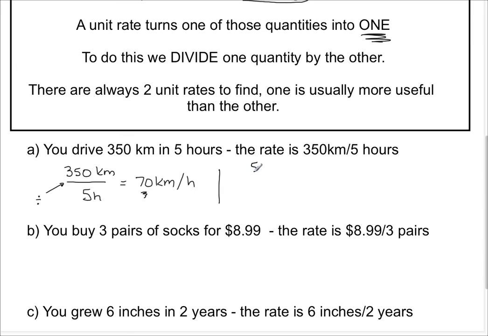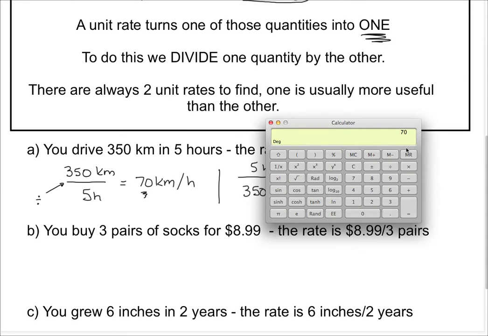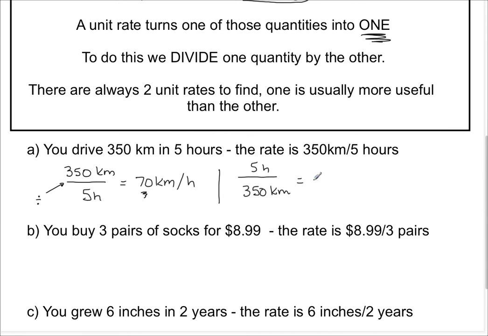Now here's what I meant by a second unit rate. I could put this upside down. I could have 5 hours per 350 kilometers. If I plug that into my calculator, I go 5 divided by 350, and I get this really small number, 0.0143. Now look at the way we divided.